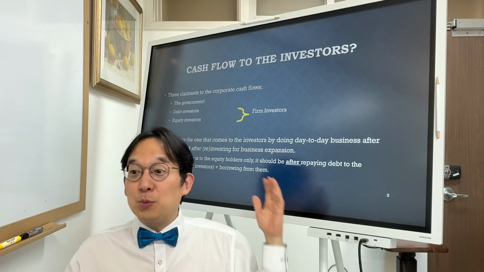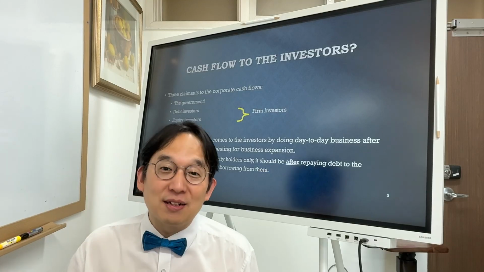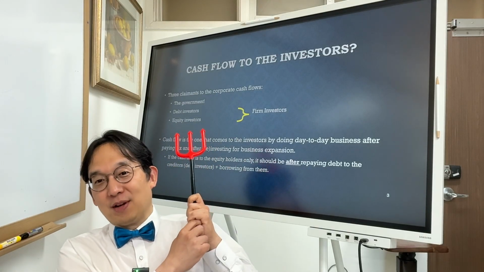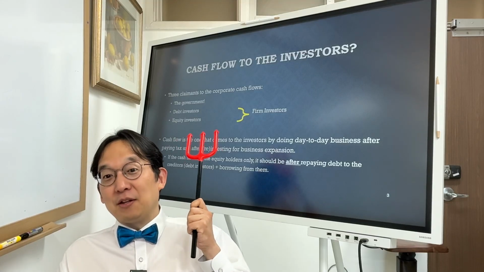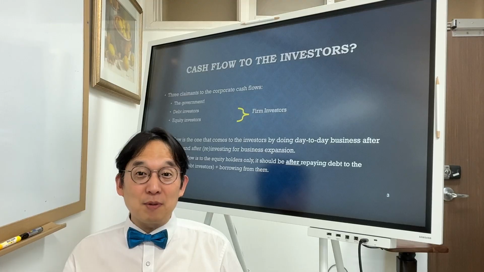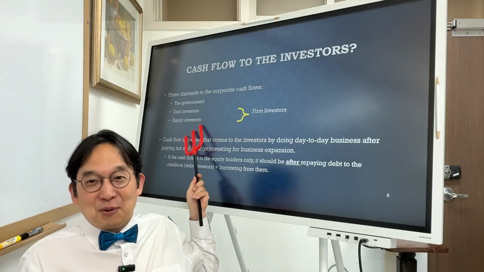And then the last one is the equity holders, which we call residual claimant. Whatever is left over, it's all yours, equity holders, the shareholders. You are taking the risk as the owner of the company. If the company goes bankrupt, you are screwed as an equity holder, right?